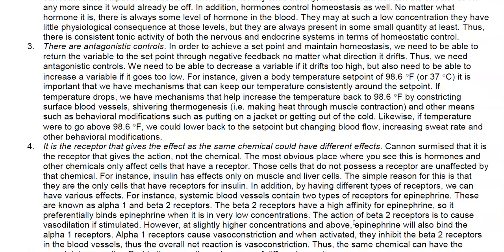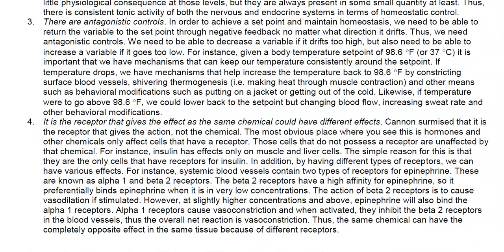The next postulate that Cannon came up with was the idea of antagonistic controls. We've seen this in numerous places in the body, where having the ability to move up or back down to a set point and maintain homeostasis is essential.